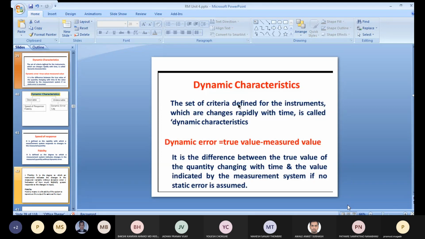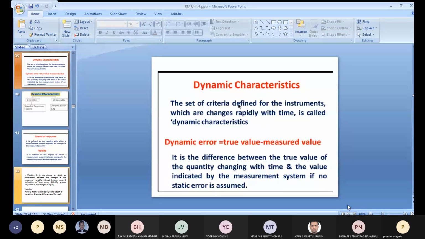That's why the true value and measured value, which can change rapidly with respect to time, we call a dynamic error. So you can write dynamic error: difference between true value and measured value.